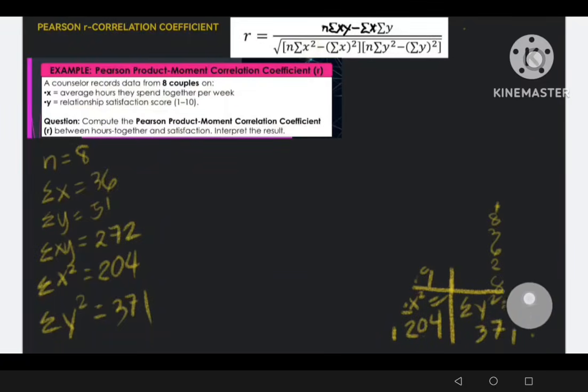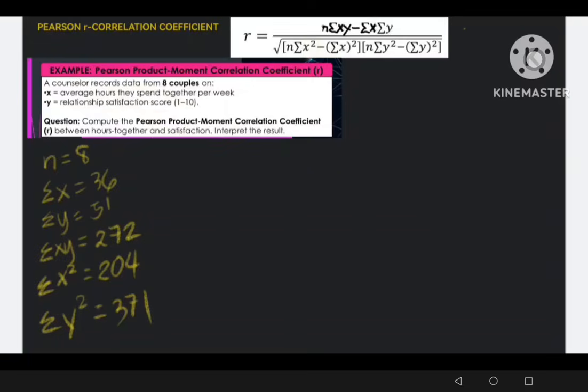And then, using our formula, we just input the values into the formula. So, let me just continue. Based on the formula, we have r is equal to n times summation of x times y. The value of n, as you can see here, is 8.